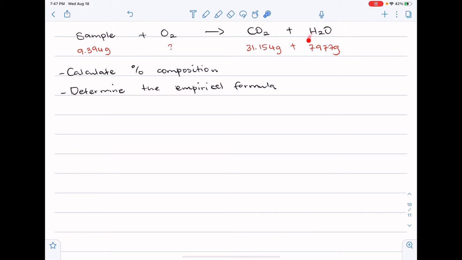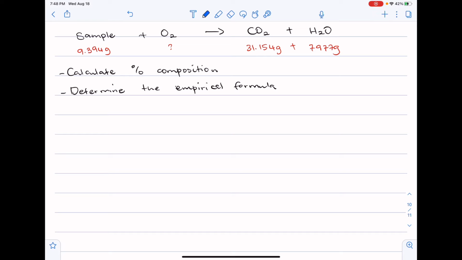The hydrogen here should equal the hydrogen here because there's no other source of hydrogen. Oxygen we cannot figure out because there's probably oxygen here and there's oxygen here. So for now, we'll leave oxygen as it is. The first question is to calculate the percent composition by mass for all of the elements in the sample.